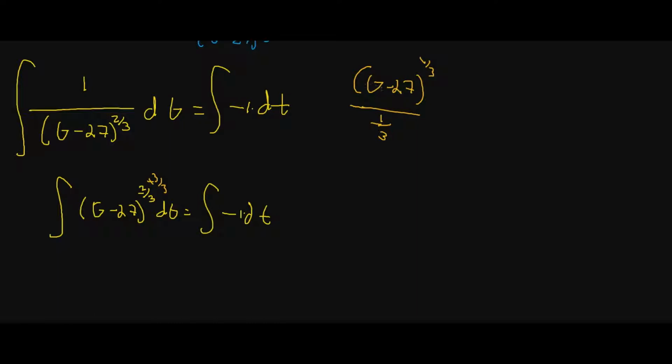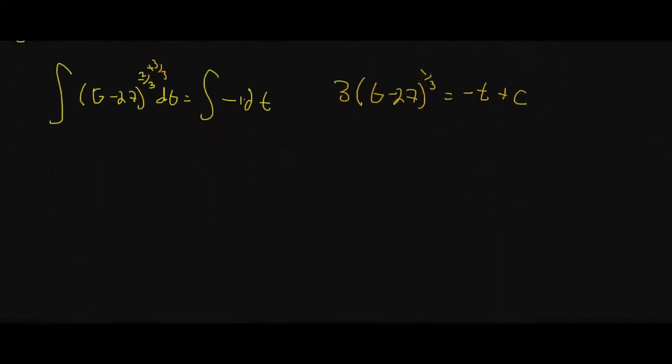It's 1 because it's g, right? The dg matches 1, so we divide by 1. We don't need to put that there. It's equal to, what's the antiderivative of negative 1? It's negative 1 times t plus c. Remember, this is dividing, so the 3 can move up. So this is 3 times (g minus 27) to the 1/3 equal to negative t plus c.